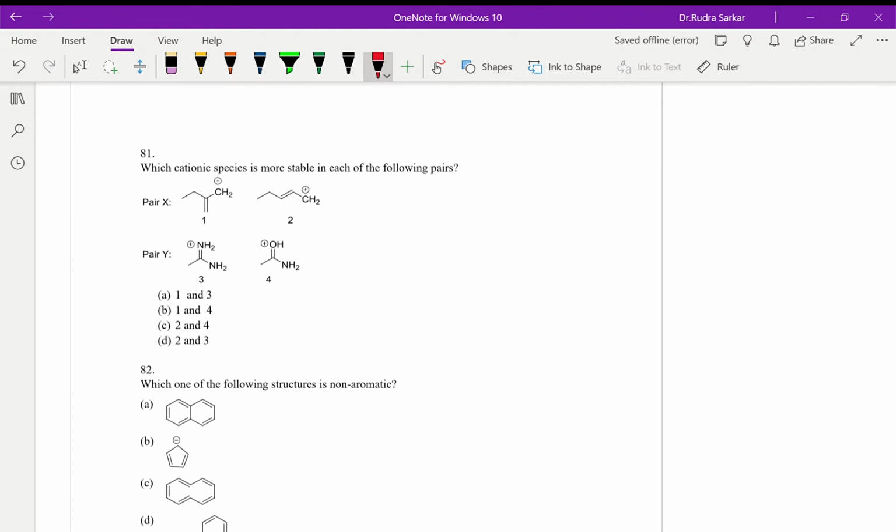Over here one has to remember that carbocation stability is directly proportional to the number of hyperconjugative structures, and directly proportional to resonance structures.